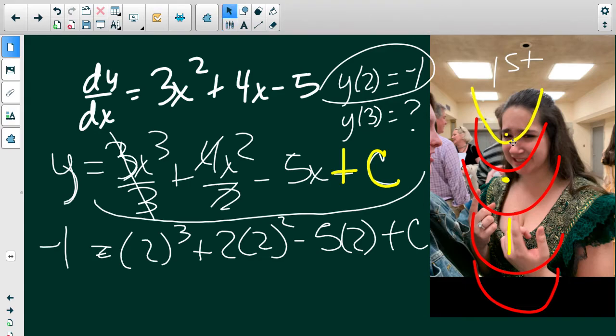Like pin the tail, if you knew what it is. You've got this shape. If I give you one point, girls, it locks it in. Okay? All right, so -1.